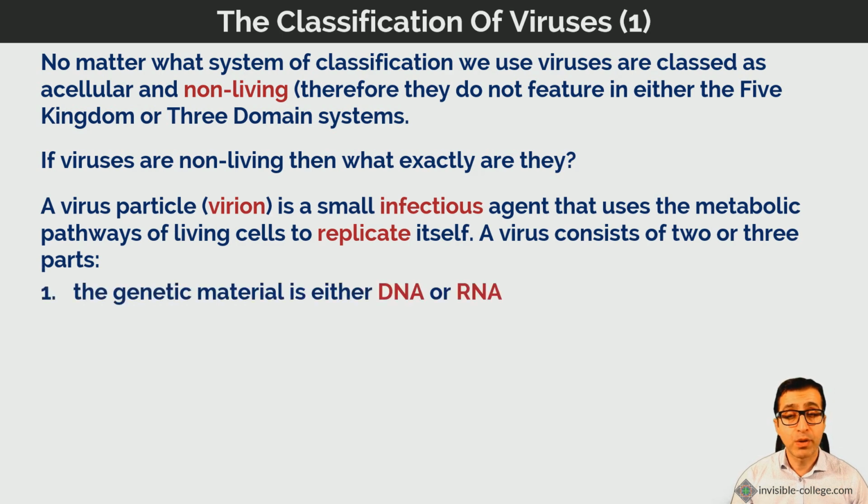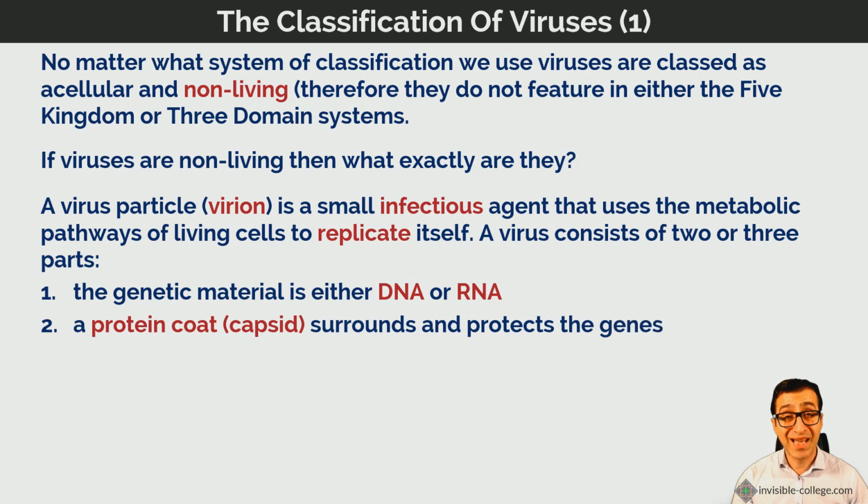You have the genetic material, which can be either DNA or RNA. The genetic material is typically surrounded by a capsid or a protein coat that protects those genes, and in some virions, such as the HIV virus, the capsid is then surrounded by another envelope, which is made up of the cell membrane of one of the cells that have been infected by that virus.